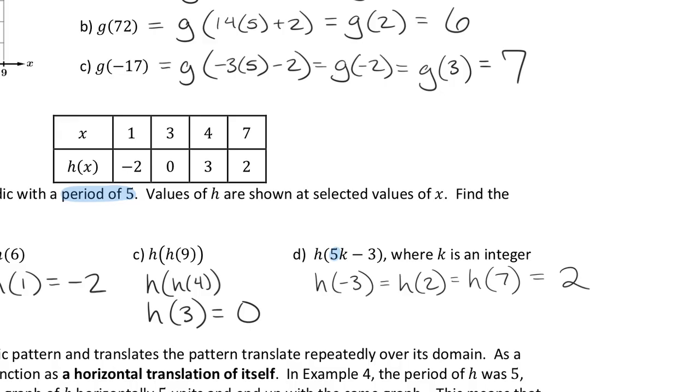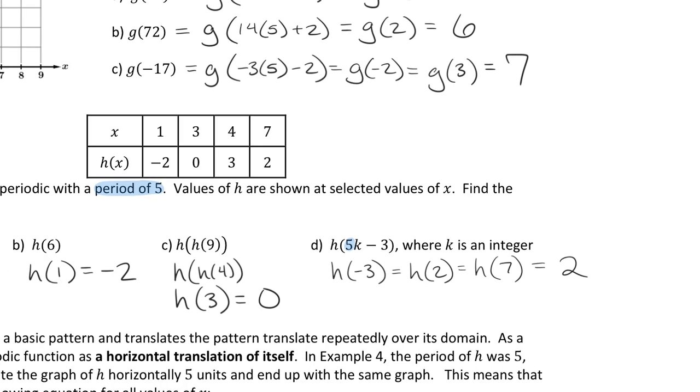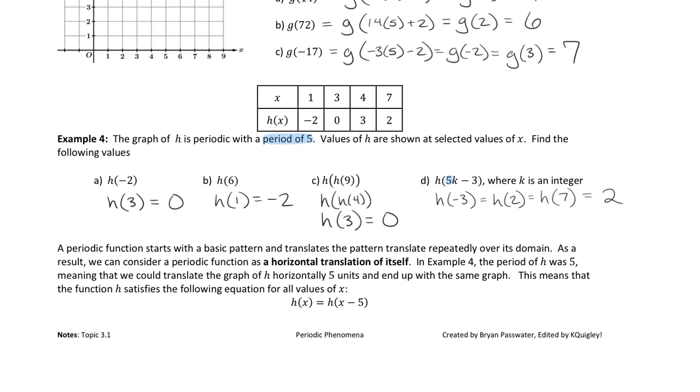So these periodic functions start with a basic pattern and then translate the pattern itself repeatedly over the domain. As a result, we can consider a periodic function a horizontal translation of itself, like a stamp, over and over again, taking the same shape and moving it to the side, and then moving it to the side, and then moving it to the side.